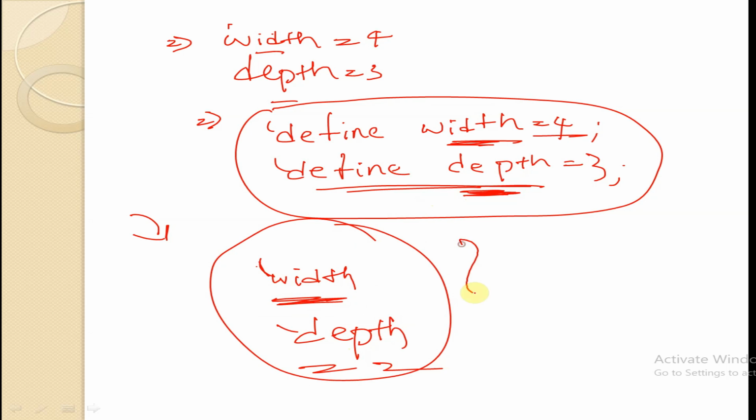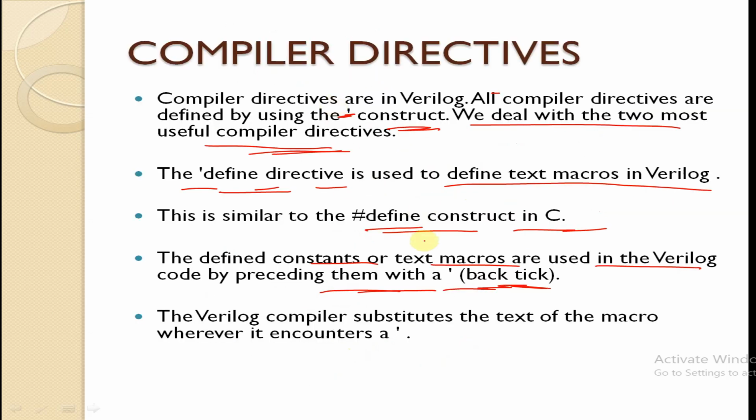We will also discuss how we are declaring these compiler directives in our code. We will code and we will see how we are declaring this and how we are using it. This is a brief intro about the compiler directives. And the Verilog compiler substitutes the text of the macro wherever it encounters a tick.